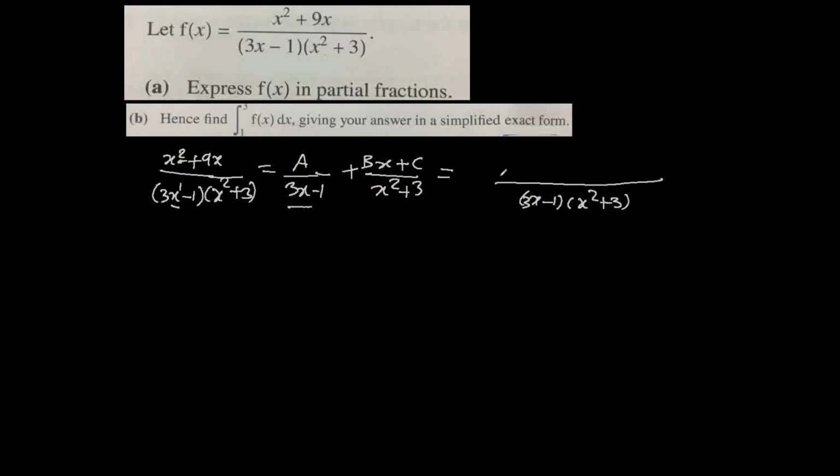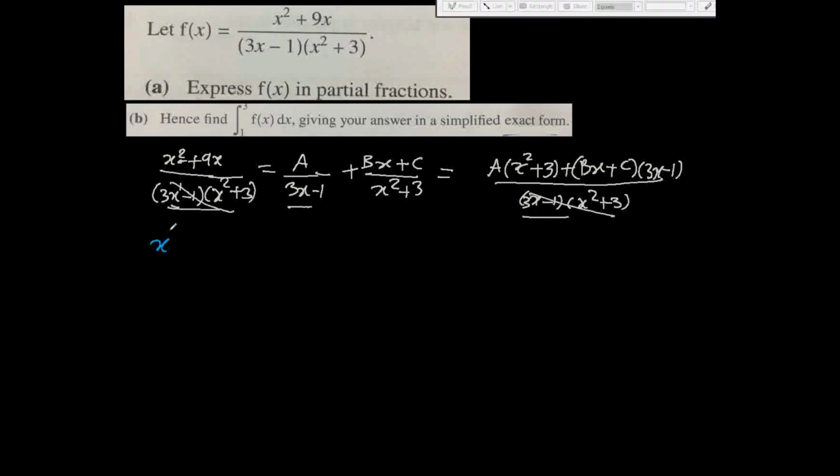To merge these two, x squared plus 3 will multiply with the other numerator, which is A, and Bx plus C, the numerator of the second one, will multiply with 3x minus 1. Both of them have the same denominator, so we can ignore it.